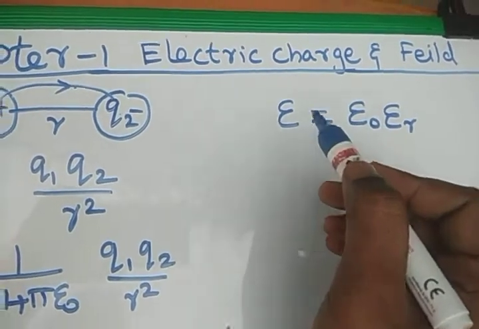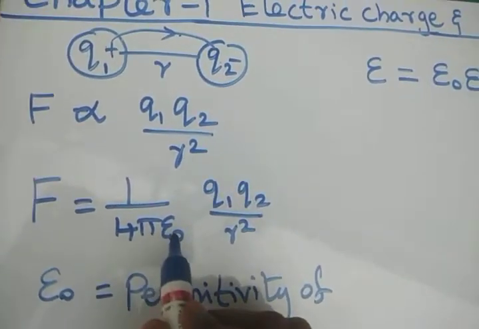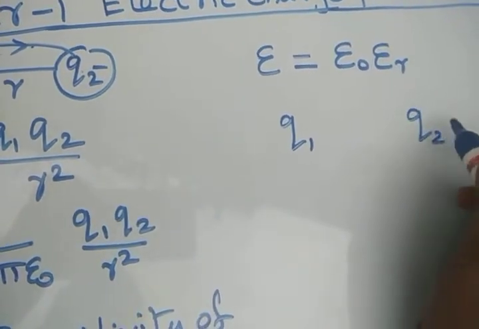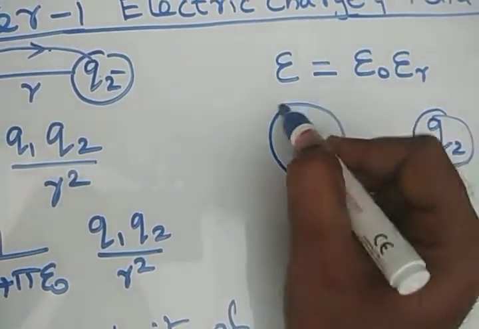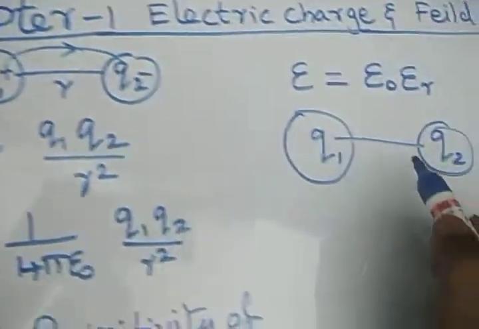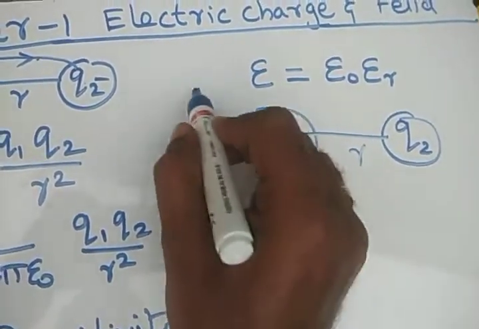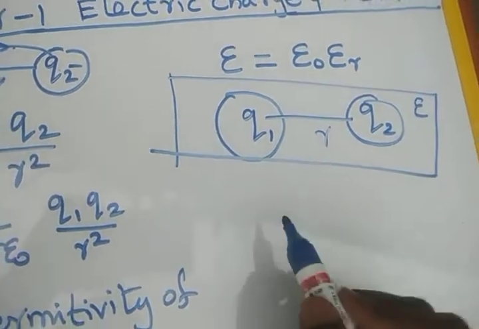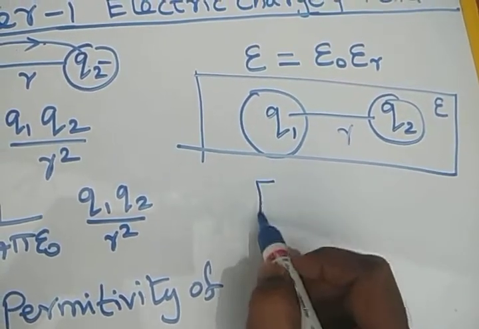If you substitute this value here, the two charges Q1 and Q2 are separated by the same distance R, but kept in a medium whose permittivity is epsilon. So what will we get?